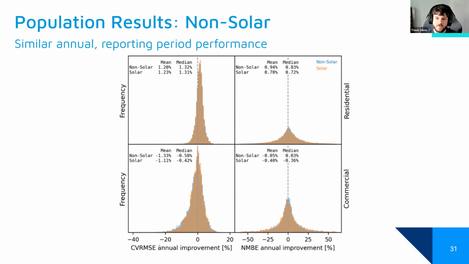So this way we can treat all meters the same. Now, on the right two, I show NMBE, which is the normalized mean bias error. And this is a similar correction in terms of divide by the mean usage, but instead that's applied to bias. And the top two are residential, bottom two are commercial.